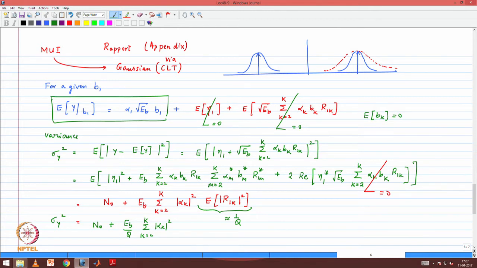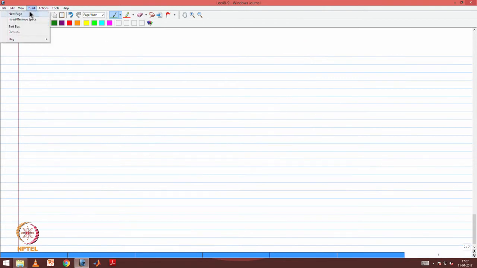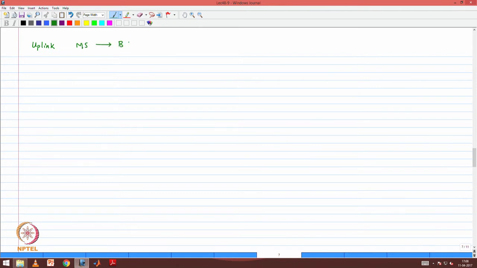Now we get into the very interesting parts of this discussion. So this is a CDMA system where we do fast power control, and so we will pick up several of these key concepts that we have discussed earlier. So this is the uplink. The mobiles are transmitting to the base station, and the base station is the one that controls the transmit power.